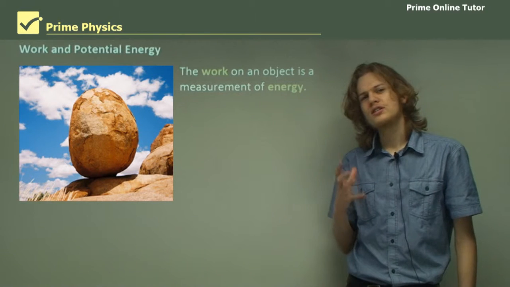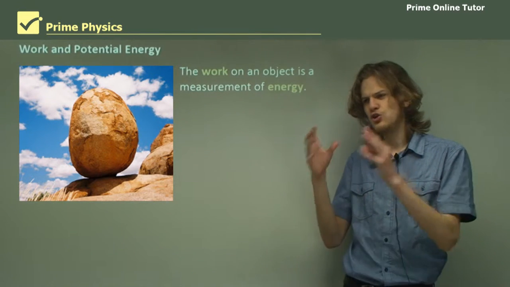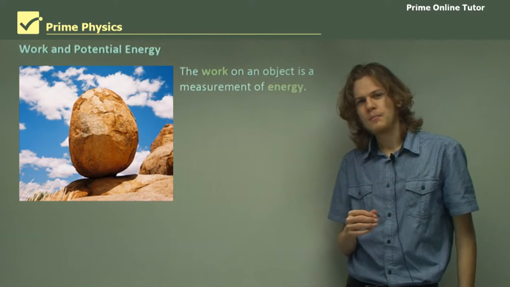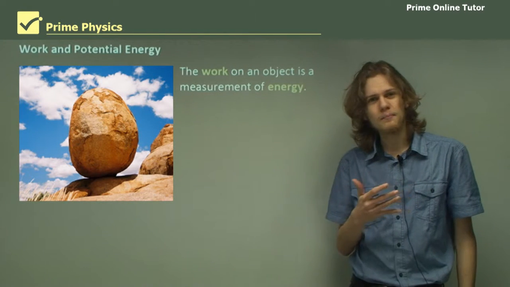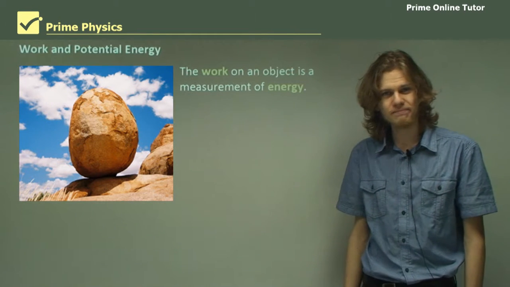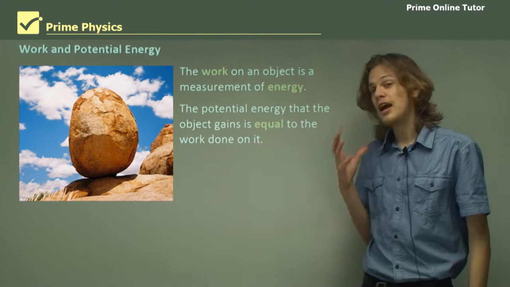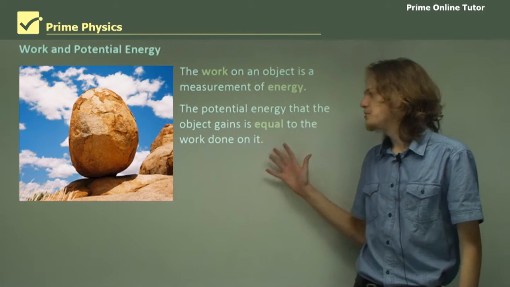So the work on an object is a measurement of energy. Force times distance gives newton meters, but it turns out that 1 newton meter is equal to 1 joule, the SI unit of energy. So the potential energy that the object gains is equal to the amount of work done on it.